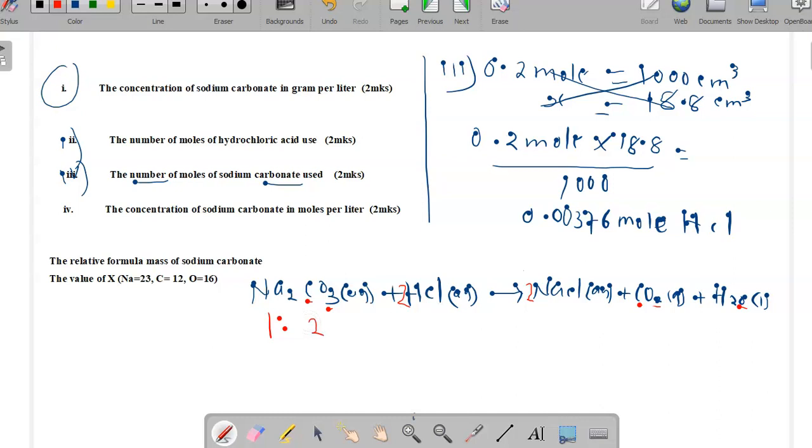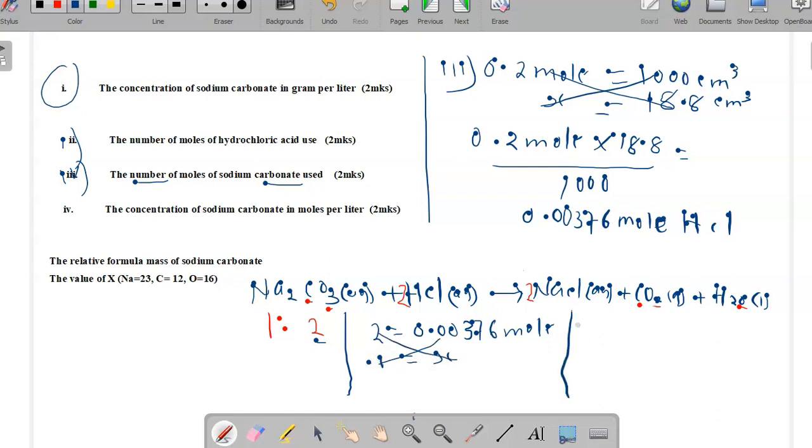So here we have the number of moles of the hydrochloric acid, which is 0.00376. And we have its mole ratio here. So 2 mole ratio is equivalent to 0.00376 moles of hydrochloric acid. What about 1 mole ratio? Here X, then cross multiplication.